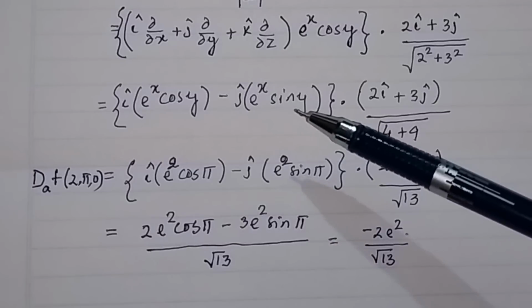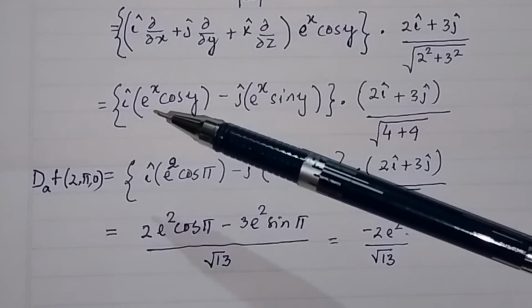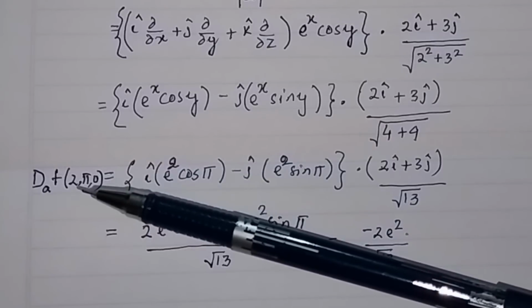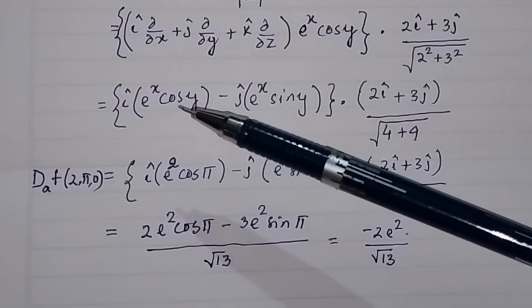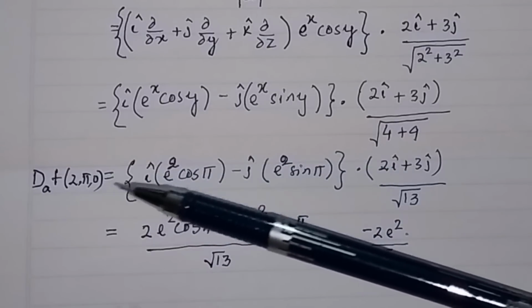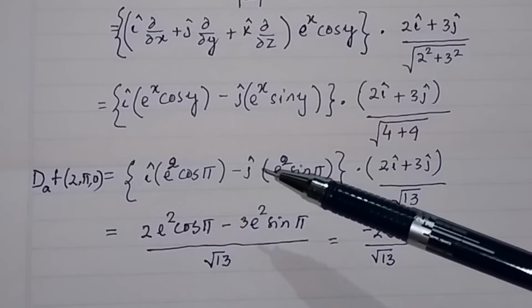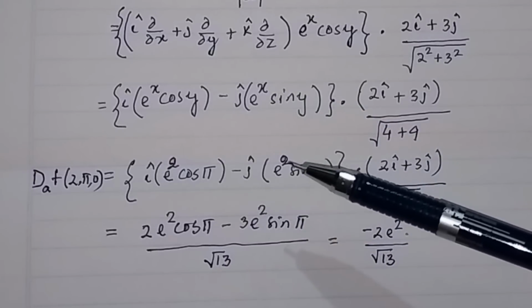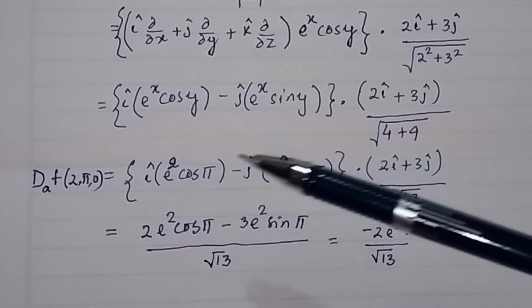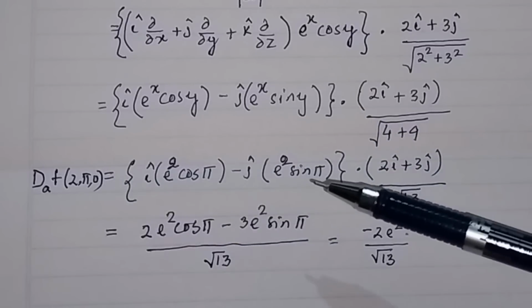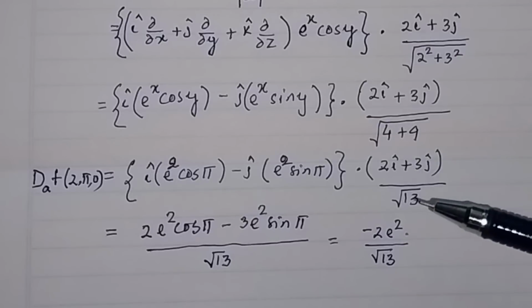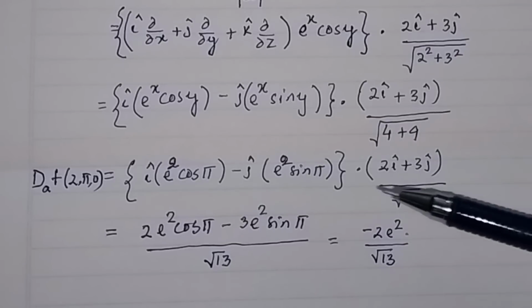Here there is no z term, so you only substitute the values of x and y. So i cap e to the power x means e squared, cos y. The y value is pi, so cos pi, minus j cap e to the power x means e squared, because the x value is 2, and sin y, with y equal to pi, so sin pi. And this is multiplied by 2i cap plus 3j cap divided by the square root of 4 plus 9, that is the square root of 13.